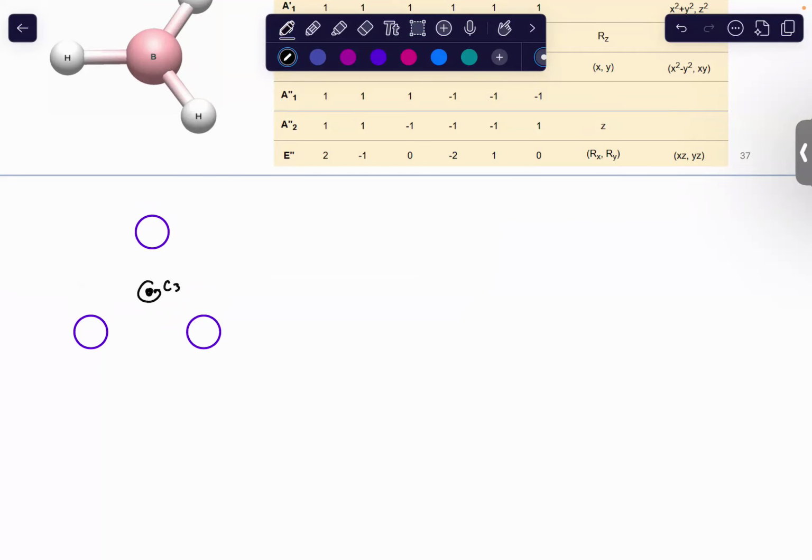So we're just looking straight down on the top of it. And so what we're going to do is we're going to call these one, two, and three.